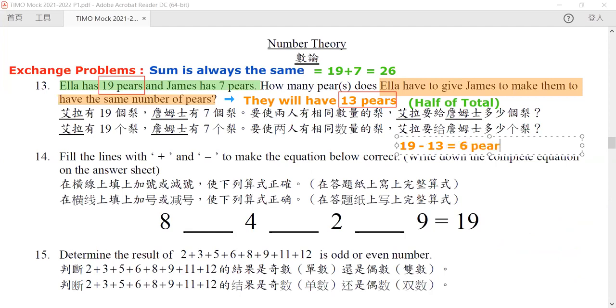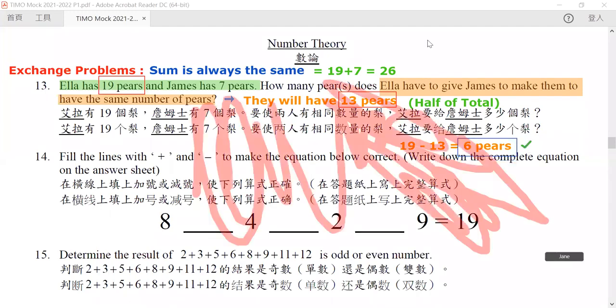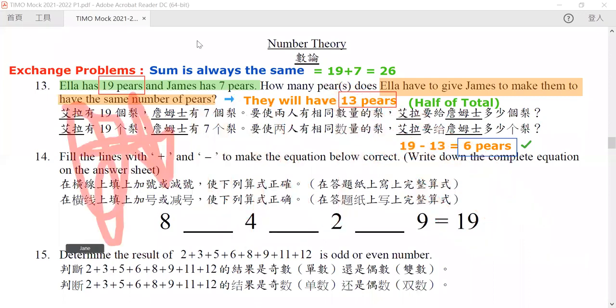So Ella needs to give 6 pears to James. This is our answer. So this is our question number 13.